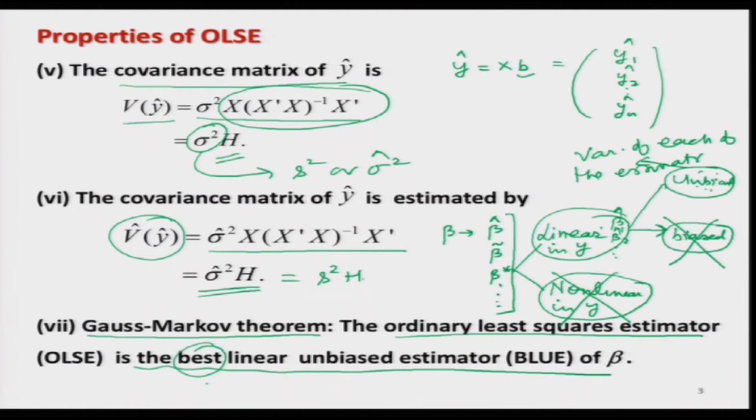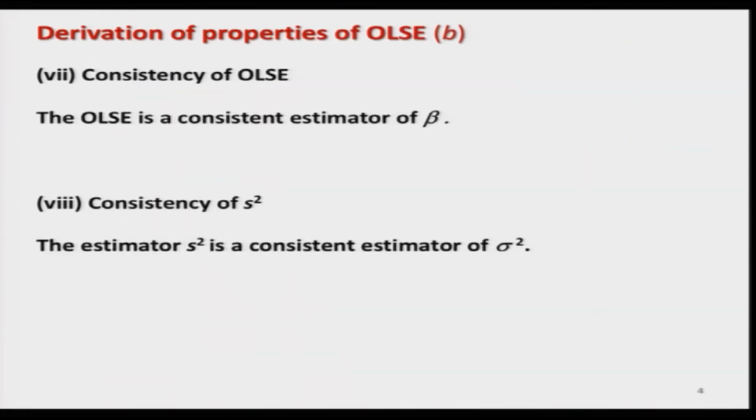Best is with respect to variance, linear is linear with respect to y, and unbiased means that the expected value of b is equal to beta. So that is why this is a very good estimator, and this Gauss-Markov theorem certifies it, that the values of beta which you are trying to obtain from b will give you a good value, right.